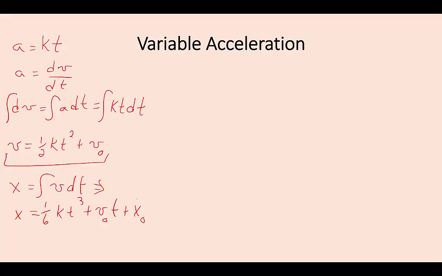Most of the time that x naught is going to be 0, but oftentimes it's not. So then we rearrange this and pull the x naught over to the other side, and we end up with our delta x equaling 1/6 kt cubed plus v naught t. So here's our second equation.